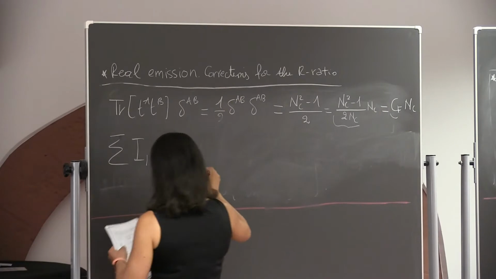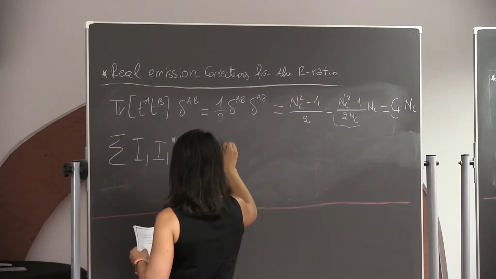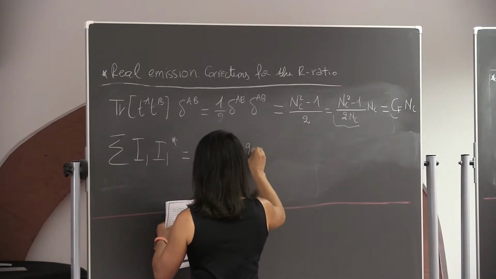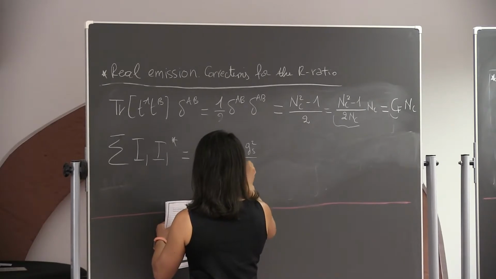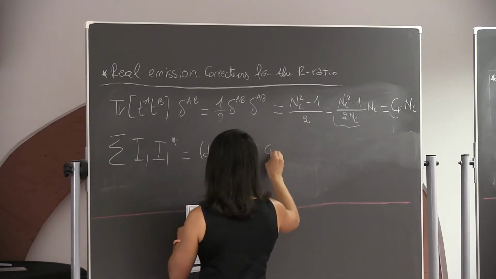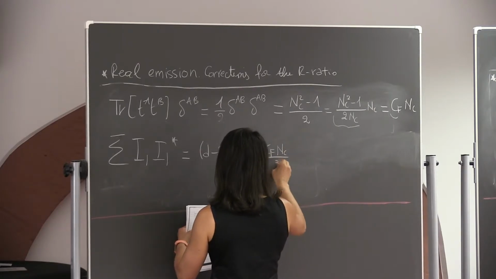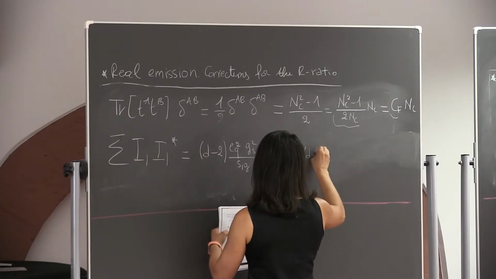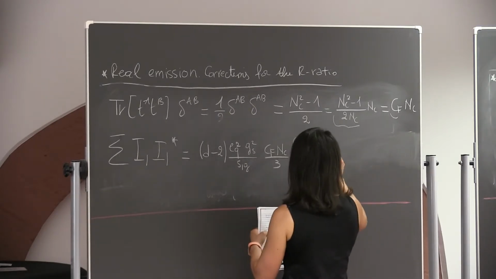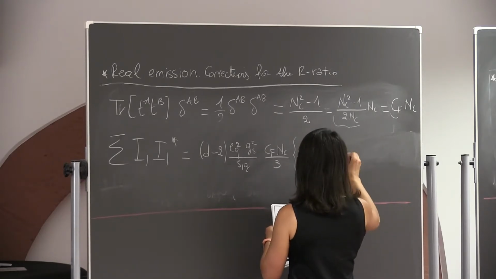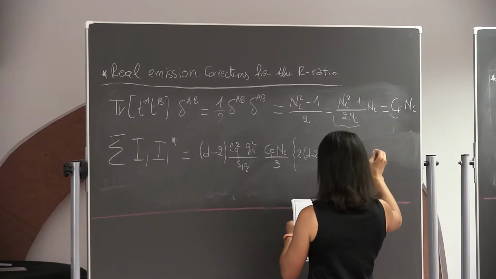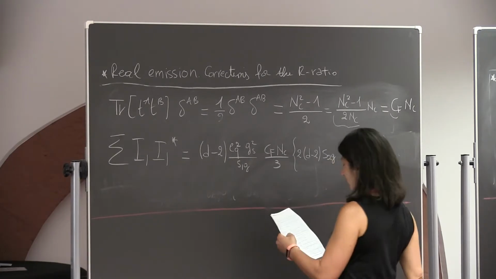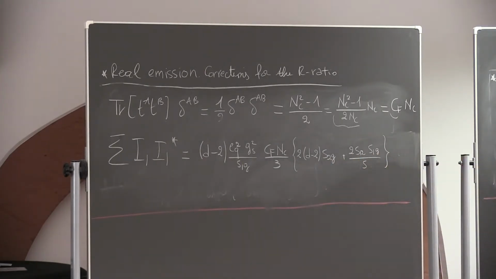So at the end of the day, my I1 star is just D minus 2. So that's your final result for I1 star.